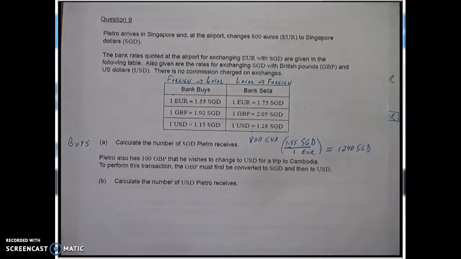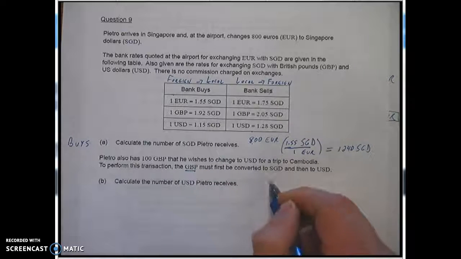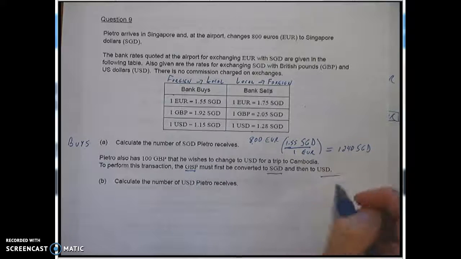All right, part B is a little bit more complicated because it's a two-step procedure. Pietro also has 100 Great Britain dollars, or pounds, British pounds, I should say, that he wishes to exchange to US dollars for a trip to Cambodia. To perform this transaction, the Great Britain pounds must be converted to SGD and then to US dollars. So we're going from foreign to local back to foreign.